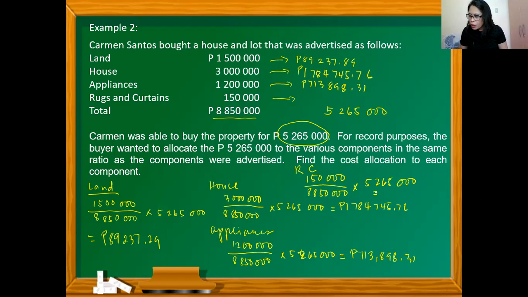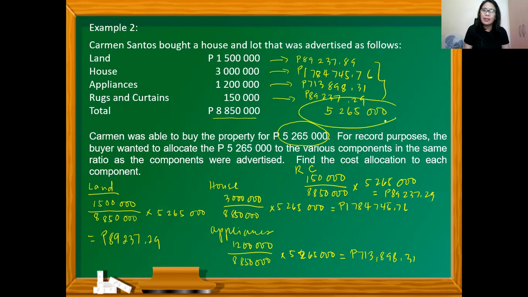And this is 89,237.29. Now, if you add this, the total must be this one.